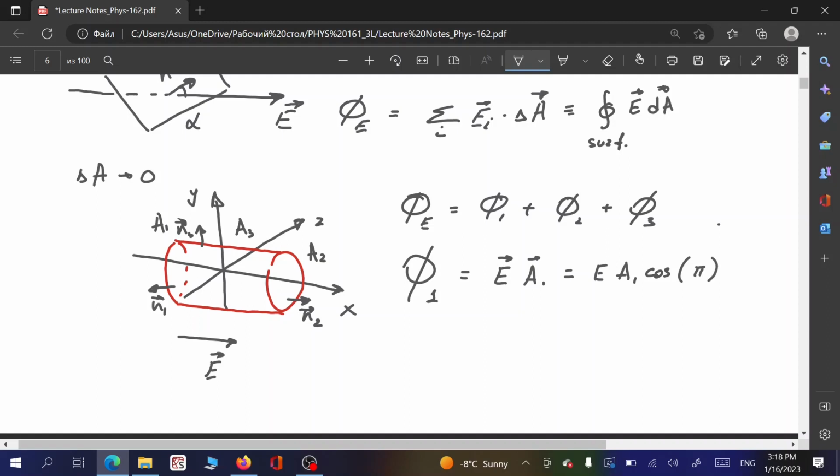So these vectors, electric field vector and n1 unit vector, they are parallel to each other, but in opposite directions.